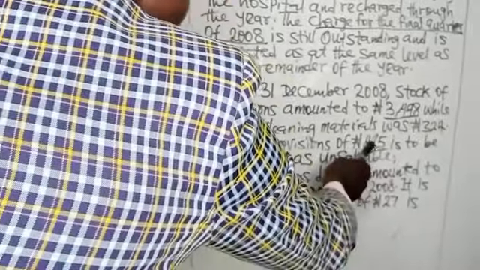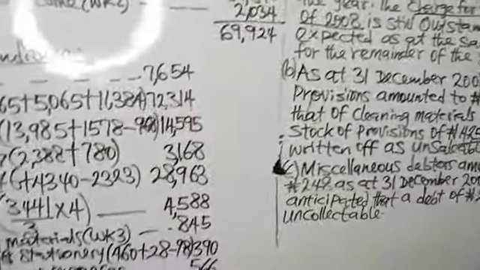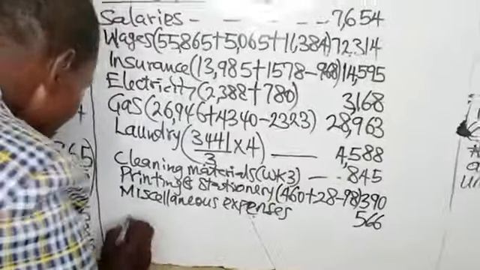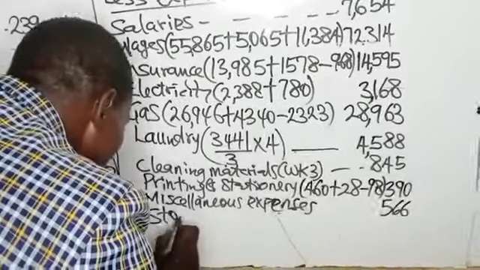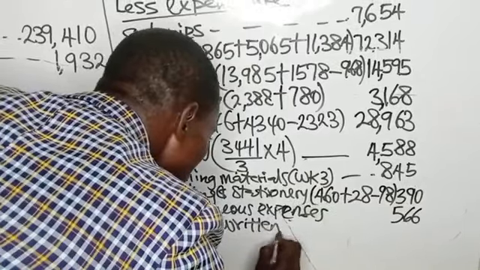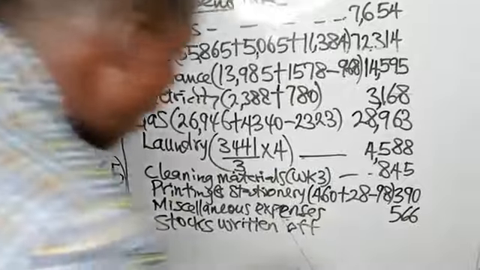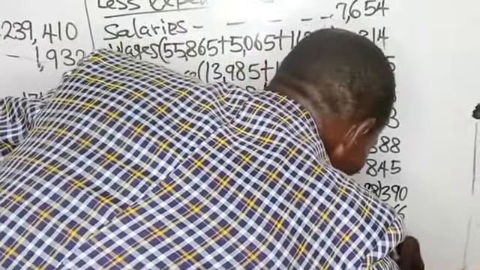Since it is to be written off, that is stocks written off, 425.